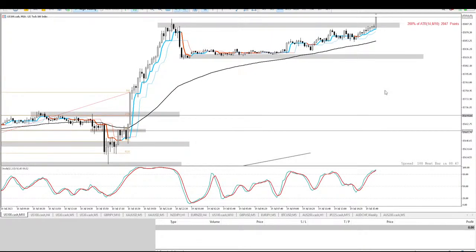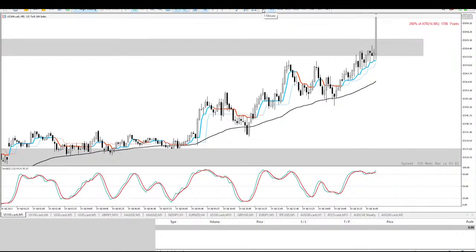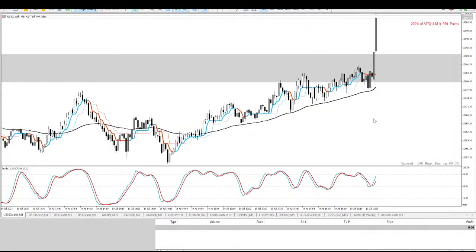These moves always look so tempting to take, right? But you just gotta restrain yourself and wait. Patience pays.